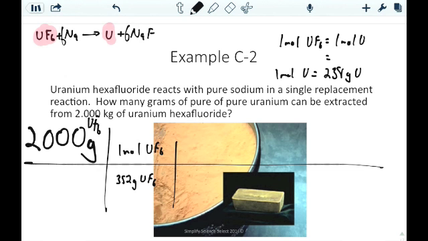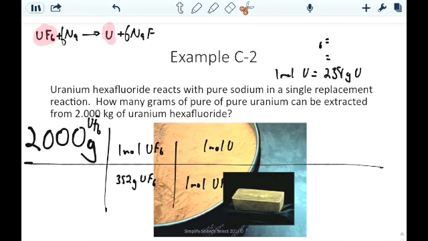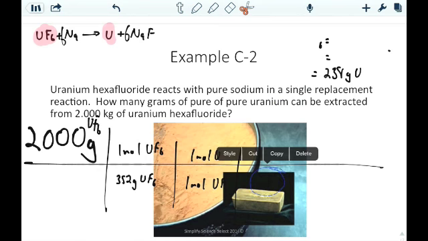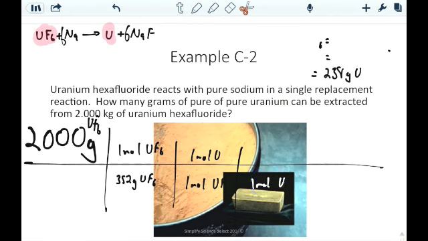Then we keep going, and we put our mole ratio, which is a 1:1 ratio. And then to go to grams, we put moles on the bottom. 1 mole of uranium equals the grams of uranium on top.